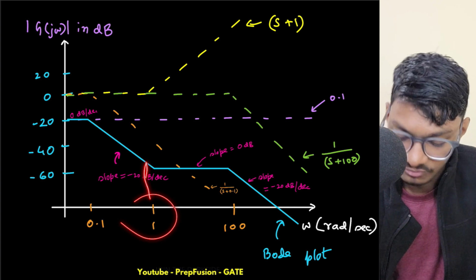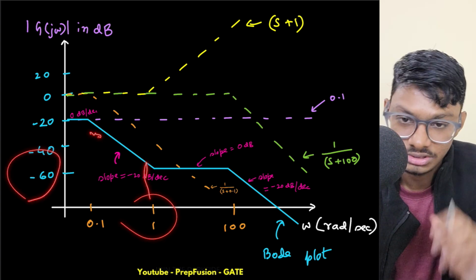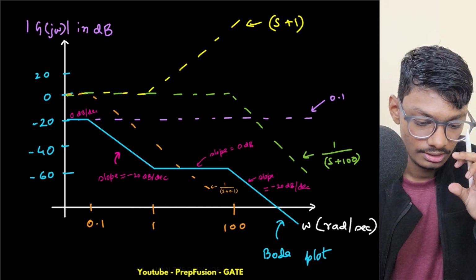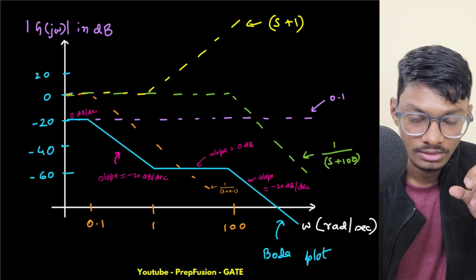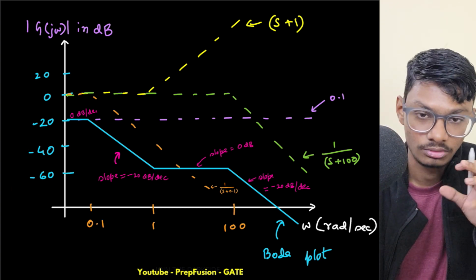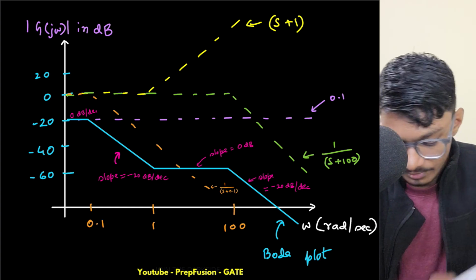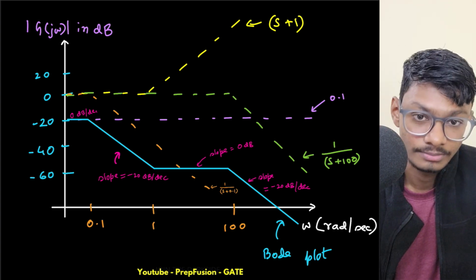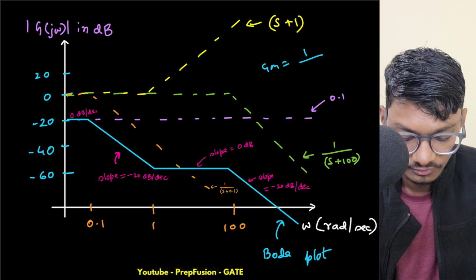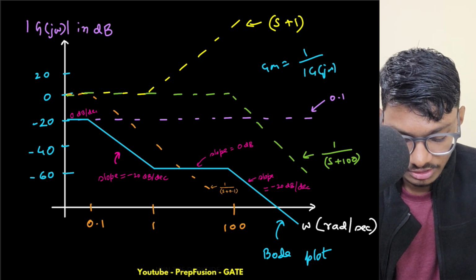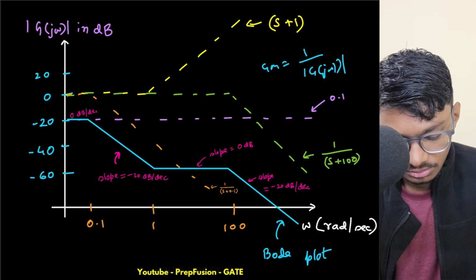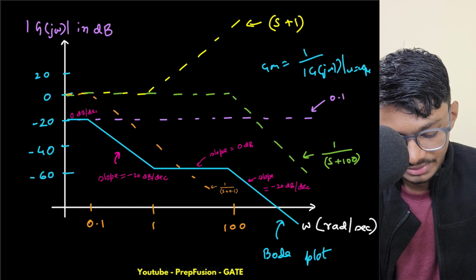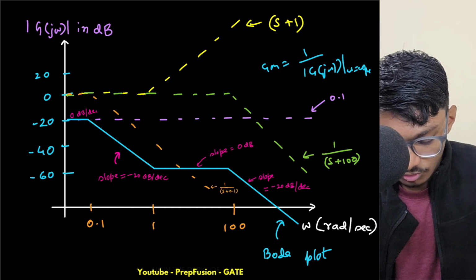Now you find the omega PC and find the gain at this point. And you just negate the sign of this one, because reciprocal in absolute scale is change of sign in dBs. Why? Because what is gain margin? Gain margin was, just doing this roughly, 1 by magnitude of G of j omega at omega PC, inverse of this one.